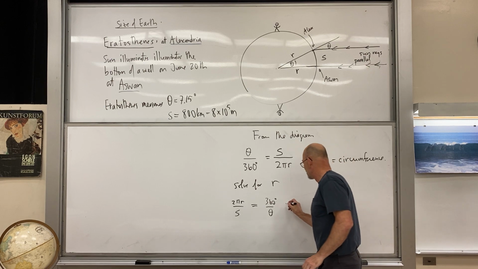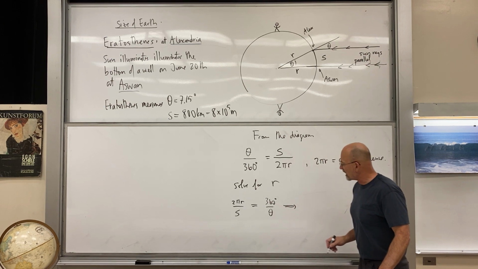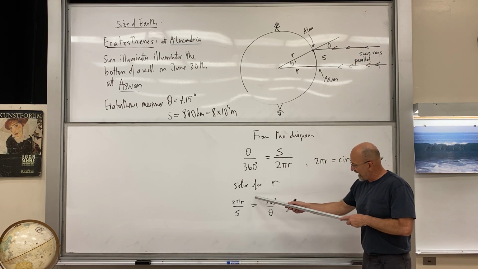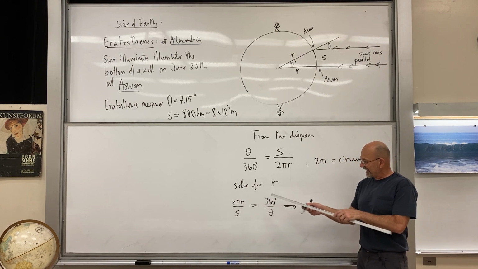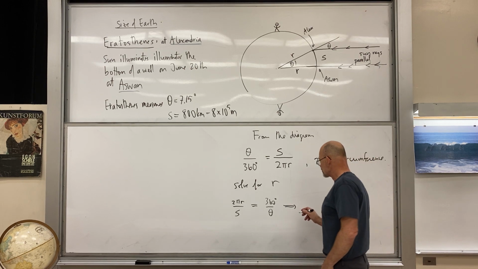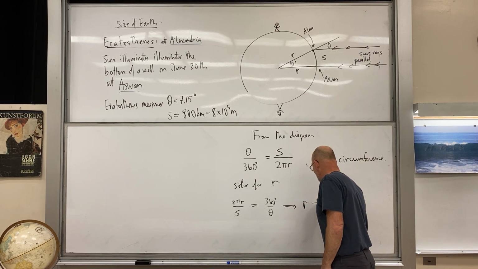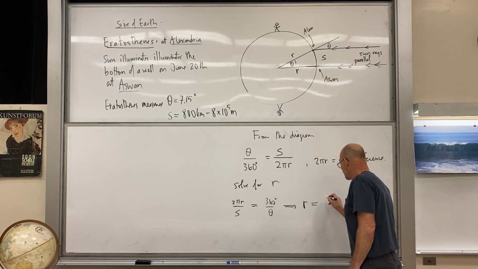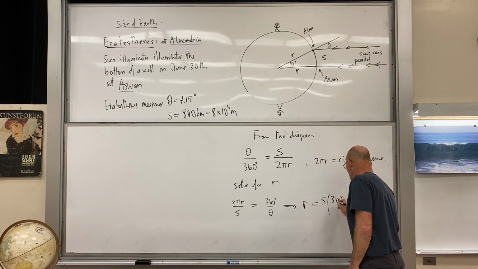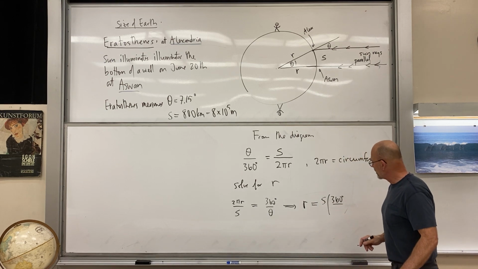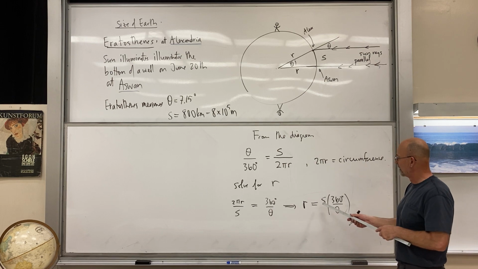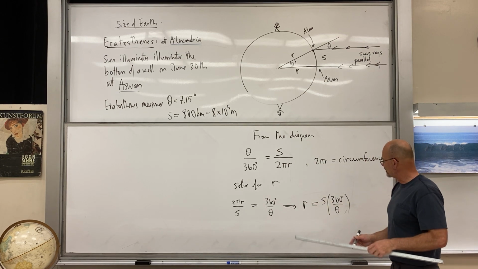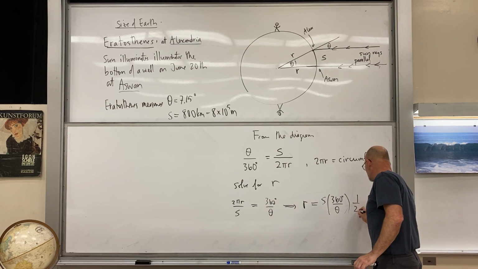And then we can cross multiply both sides by s, cancels the s, and divide both sides by 2 pi, cancels the 2 pi. So we get r is equal to, so we've got s, we've got 360 degrees. And now I'm going to go ahead, okay, I'll put the theta in first, one more step. So s, cross multiply, and then divide by 2 pi, 1 over 2 pi.